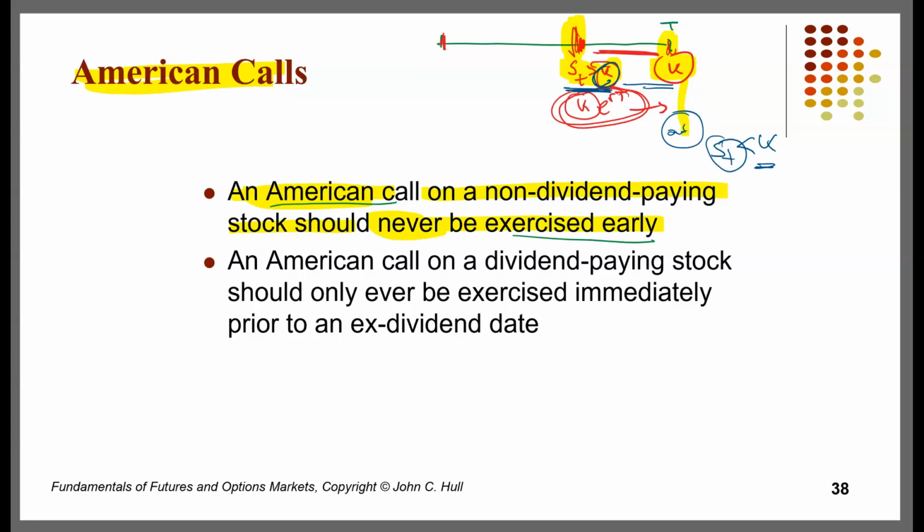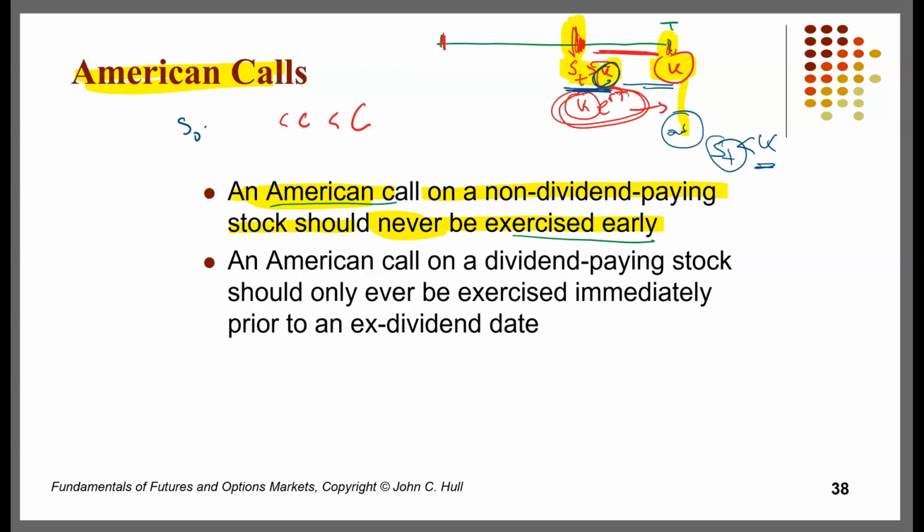And I think we looked at the boundaries of the European call, and because the American call has a built-in option of being exercised early, the American call is generally more valuable than the European call. So the call premium on the American option is going to be higher than the call premium on the European option. So when you look at the boundary, the European call is less than the American call, and then here you're going to have the lower bound of the European call, if I remember correctly.